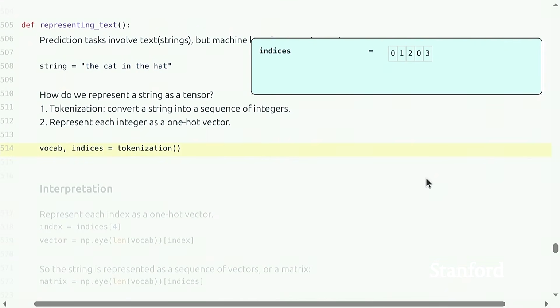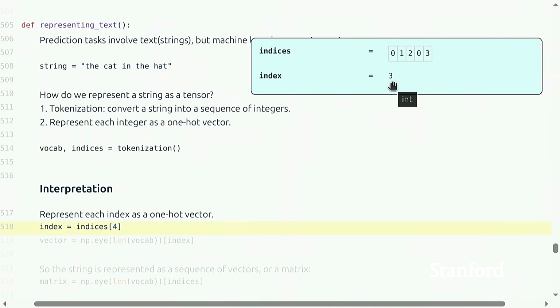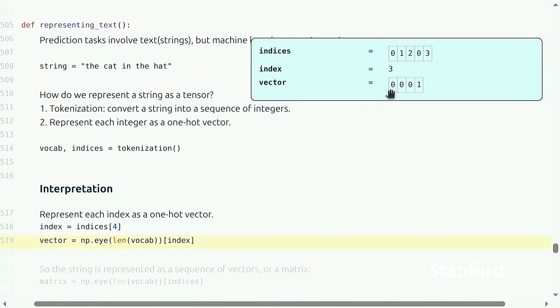Okay, so at the end of the day, when you have tokenized, you get a set of indices. And now I'm going to represent each index as a one-hot vector. So for example, let's take a look at index 3. I'm going to represent this as a one-hot vector where I have a 1 exactly in position 3.